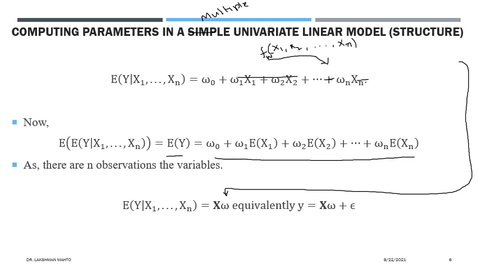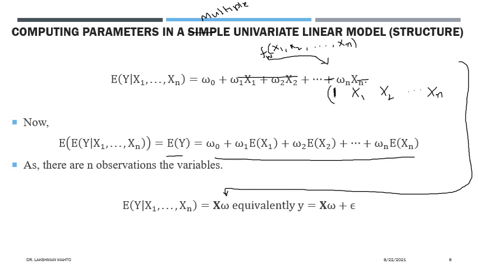With respect to this notation, every entry of the second column is coming with respect to x1, the third column with respect to x2, and likewise it will go to the n plus 1th column.